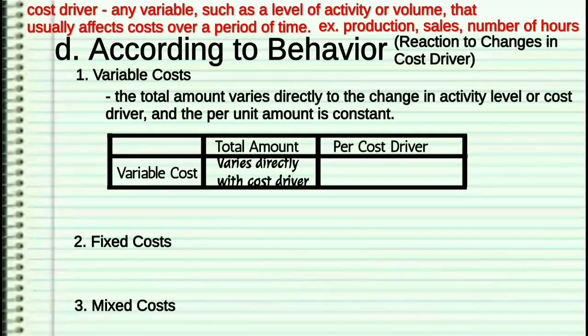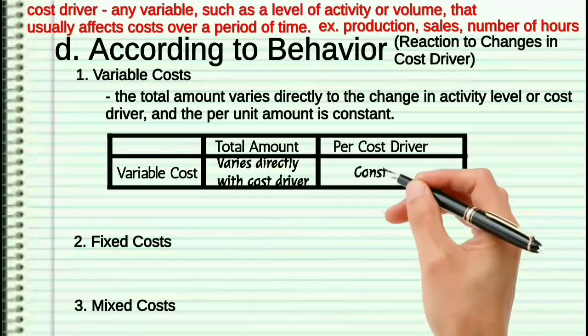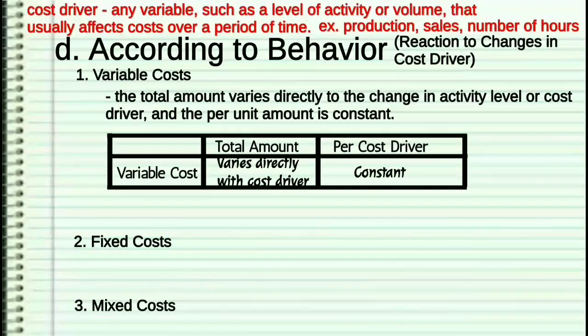Kung ang pinag-uusapan naman is variable cost per cost driver, let's say for example, variable cost per unit, regardless kung tataas yung cost driver or bababa, kung ano man ang kanyang changes, constant pa rin ang variable cost per cost driver. Punta naman tayo sa fixed cost.